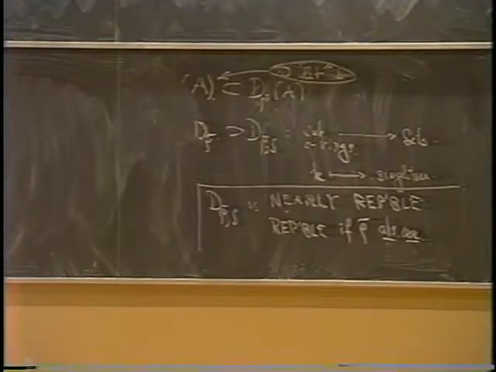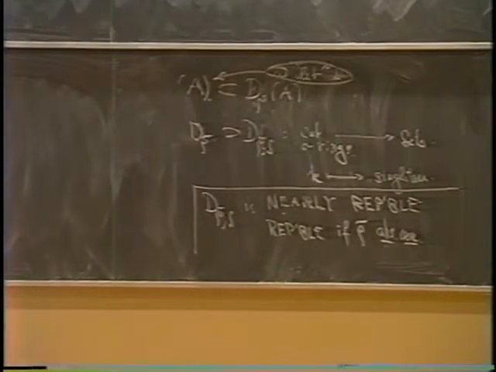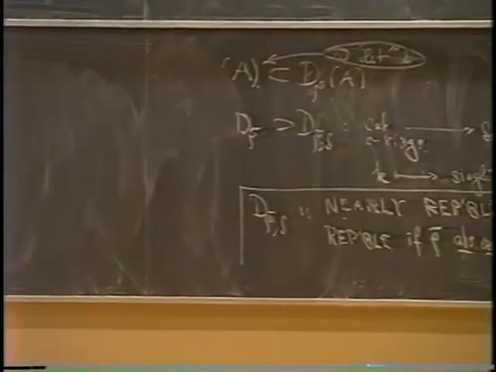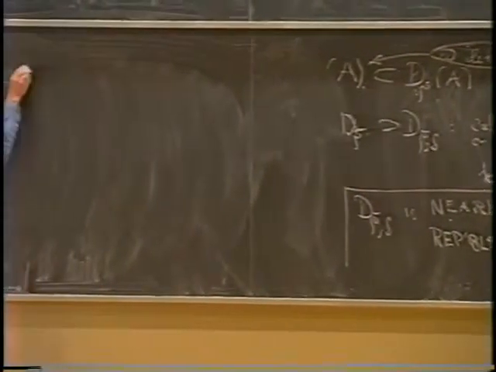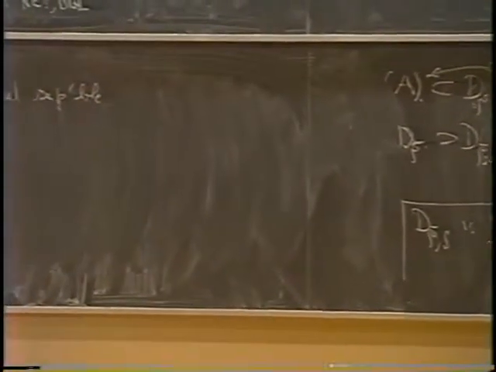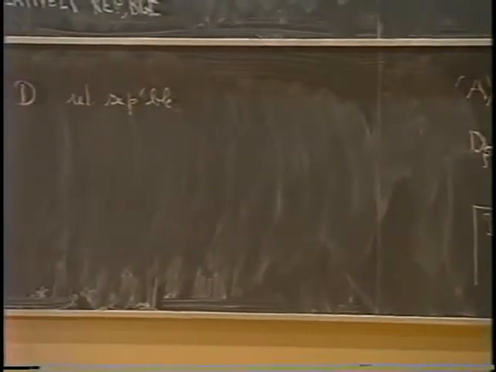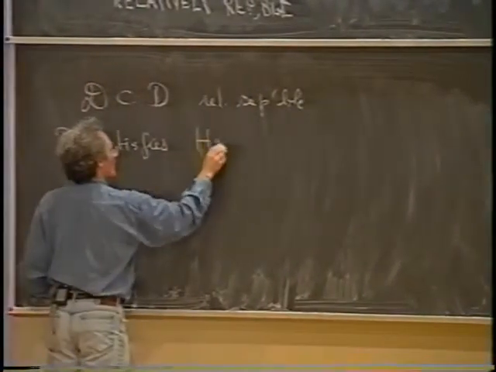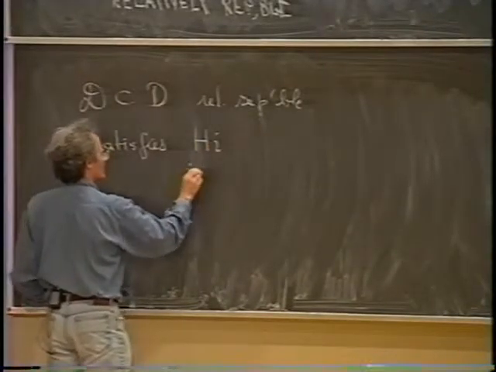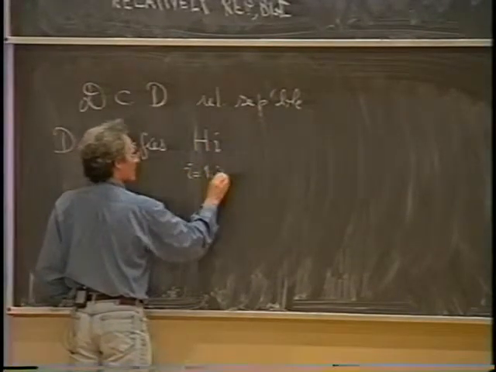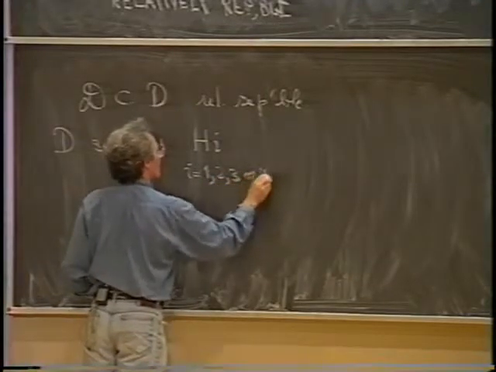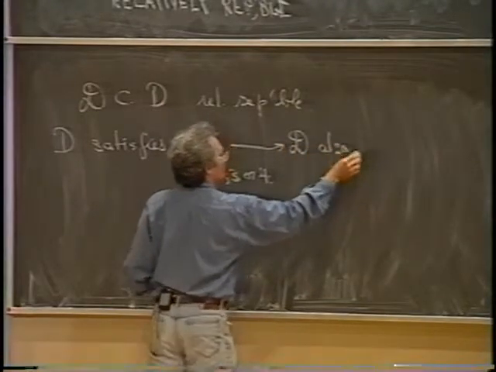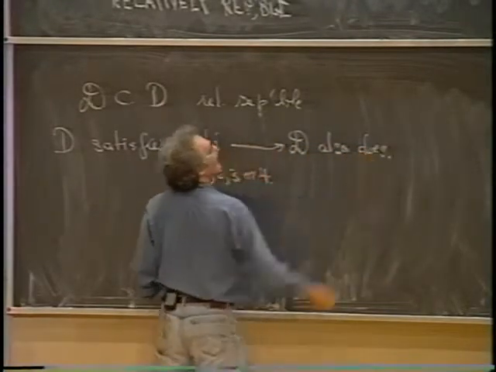And if script D in D is relatively representable, then if D satisfies any one of the Schlesinger criteria, i equals 1, 2, 3, or 4, that implies that script D also does. That's easy to see using the definition.